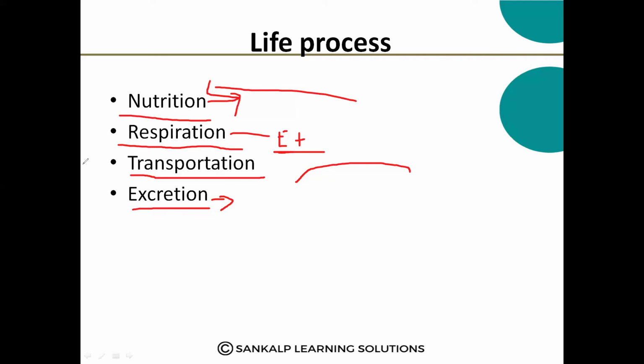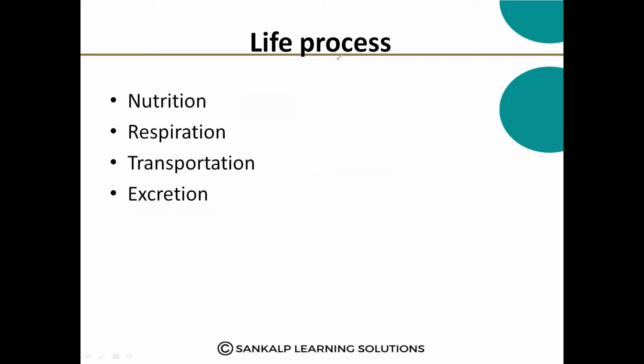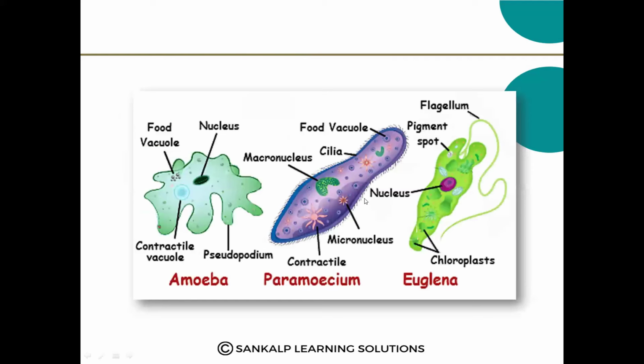So how does excretion or transportation take place in single cell organisms? Single cell organisms have only one cell which performs the essential activities for their life, right? For example, in the amoeba, how does it excrete, or how does the transportation of food take place, because only a single cell is present?